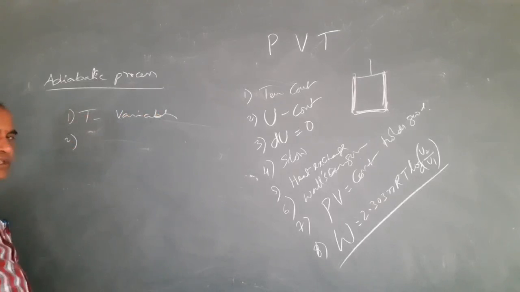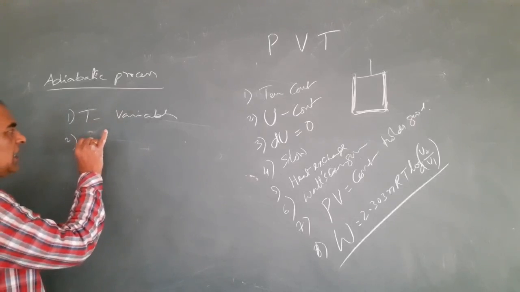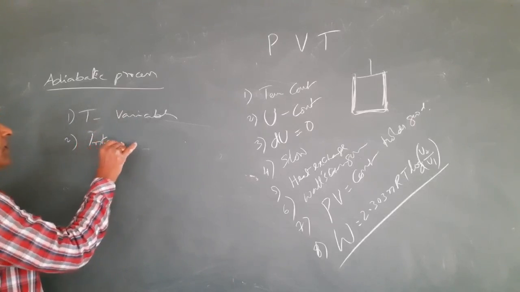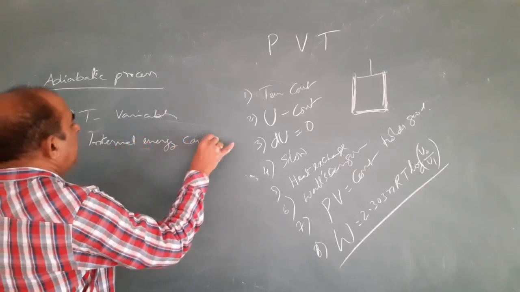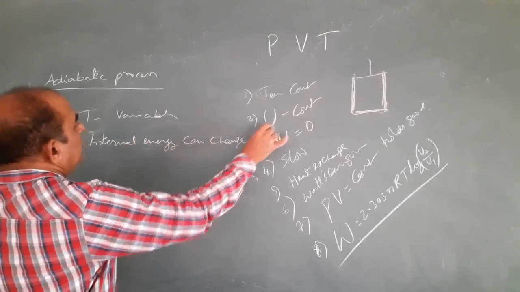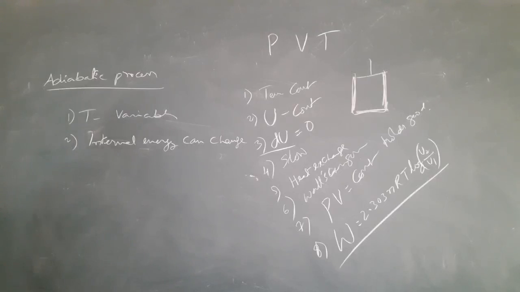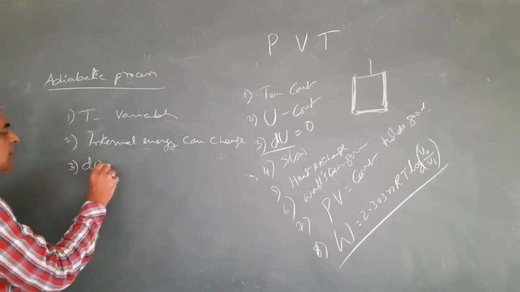Temperature variable means internal energy can change, so dU is not constant. dU is a variable; it may increase or decrease. But heat transfer is zero.